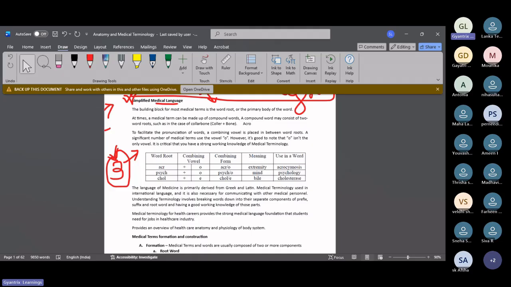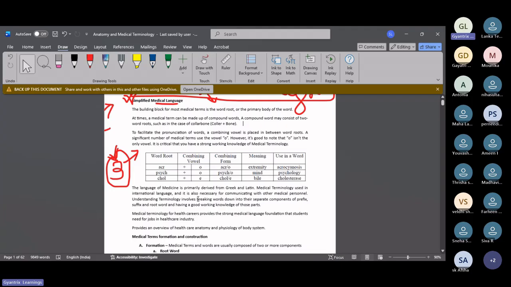Acro is nothing but extremity. We put a slash, then one vowel sound, and cyanosis. Can you guys view my words? So this is a condition related to the extremity. This is how we have to identify the conditions.